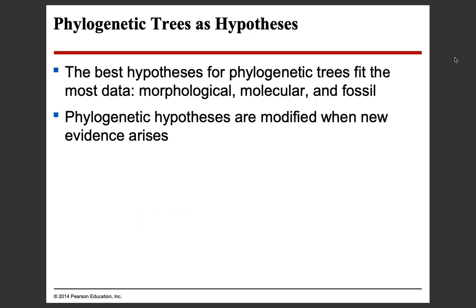Okay, phylogenetic trees as hypotheses. So the best hypotheses for phylogenetic trees fit the most data: morphological data, so the structures, homology, and analogy, the molecular data, the DNA, the fossil record. Do we have intermediates? Do we know where this came from? Phylogenetic hypotheses are modified when new evidence arises.